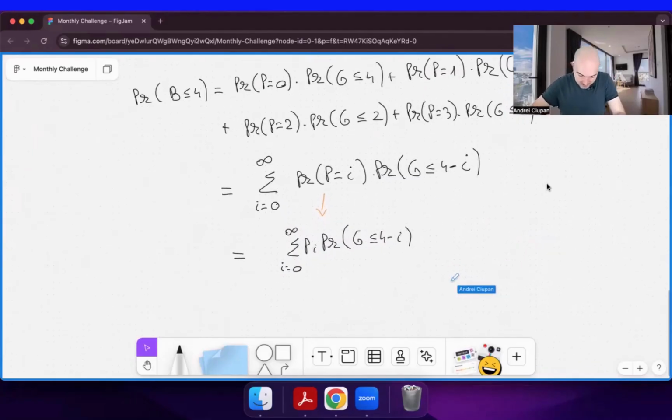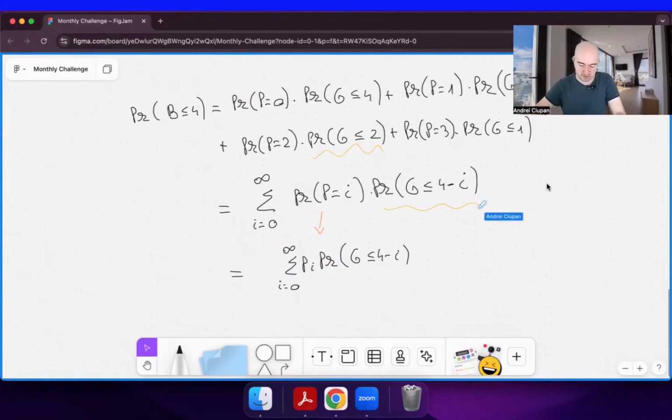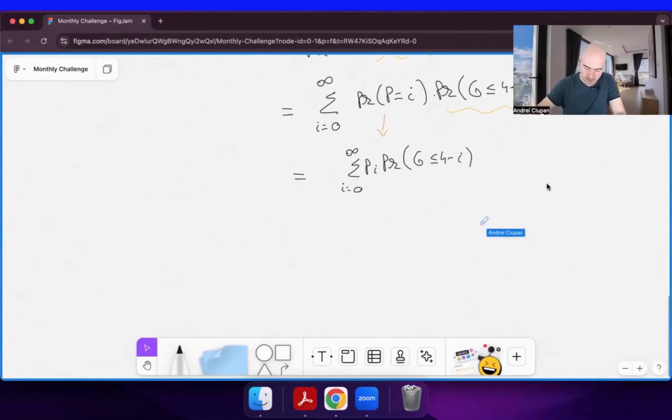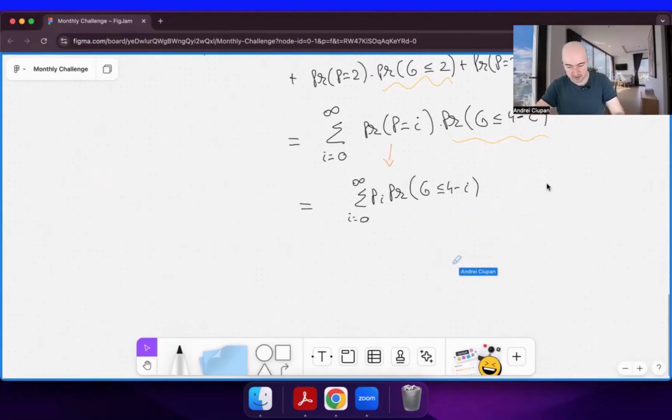Okay, but now we still have an issue with evaluating these probabilities of the Gaussian being less than or equal to the value that we need. So I'm going to make an observation, something that I mentioned in the preliminaries.